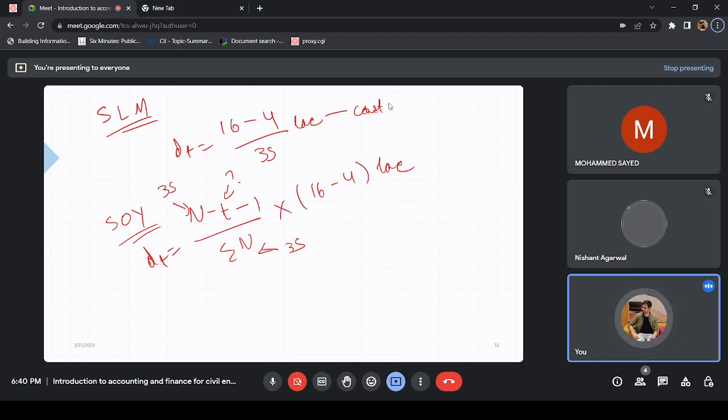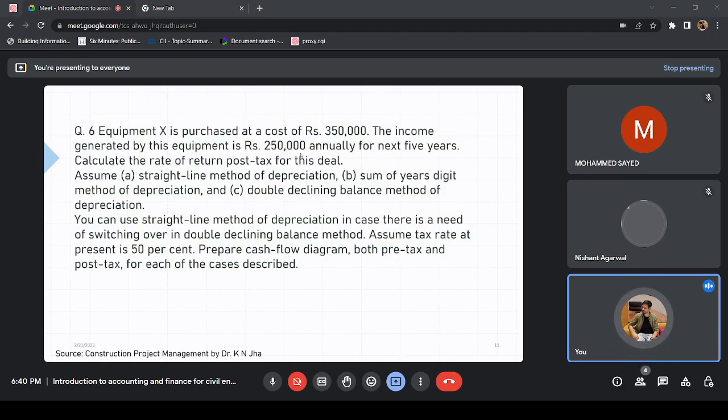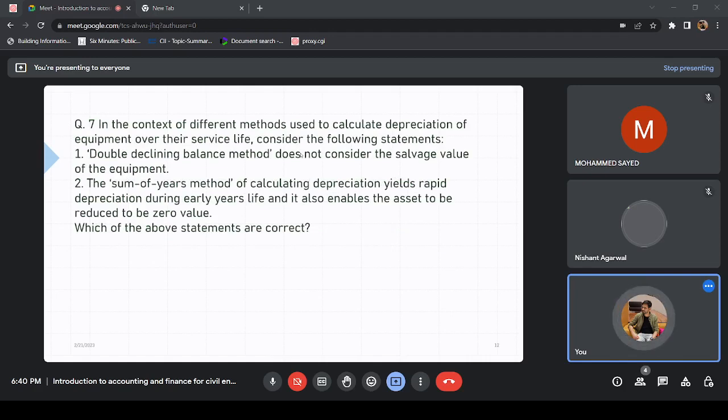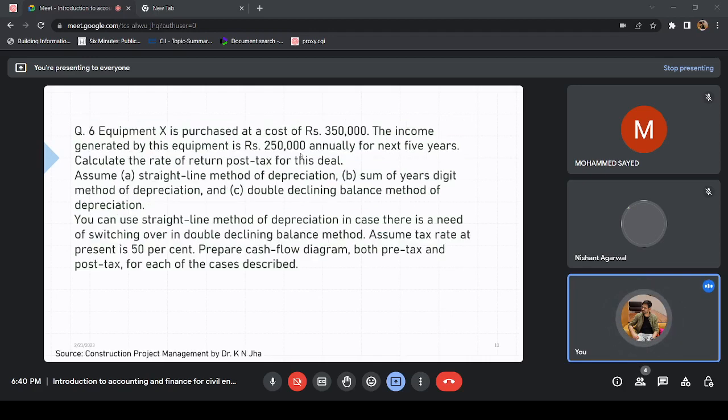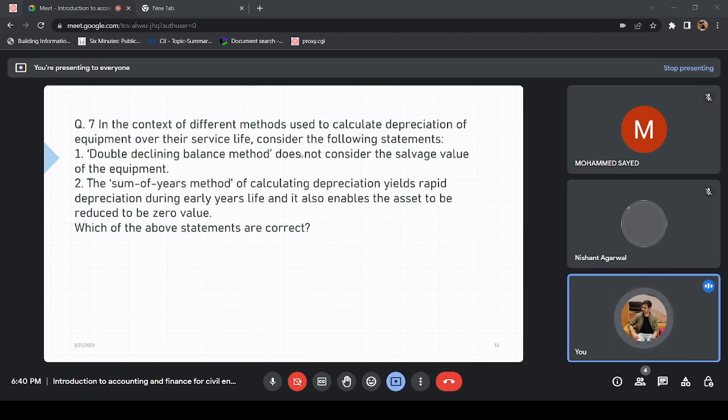Sir, do you have any questions related to break even analysis? We covered that part quite fast in the initial session. Any questions related to break even analysis, please feel free to ask now. Okay, so moving forward with this, but before going into more depreciation calculations, we'll see some theoretical questions.